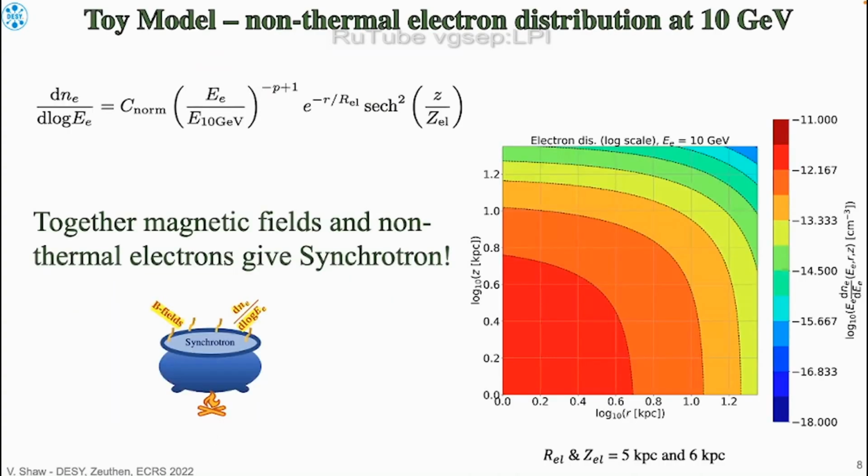And then, of course, once we have the magnetic fields ready, we need a non-thermal electron distribution. And we chose this very simple exponential cutoff for the electron distribution. So this is what is also called the WMAP electron distribution. And the two free parameters that you see in the electron distribution are the radial and the azimuthal cutoff.